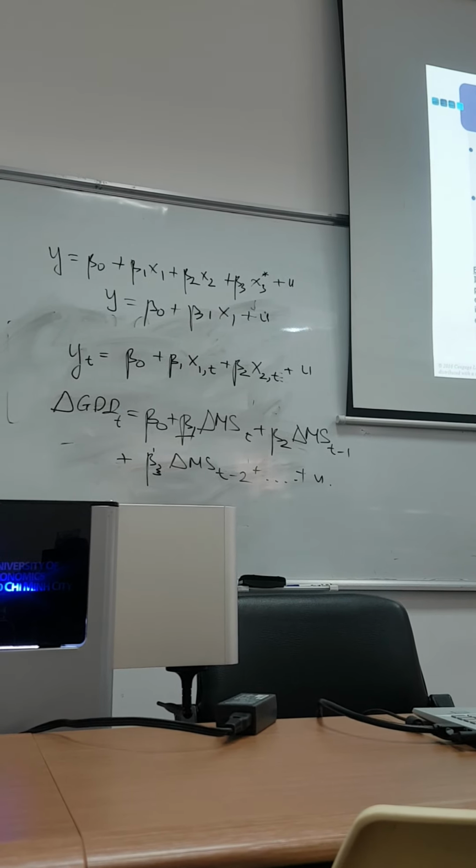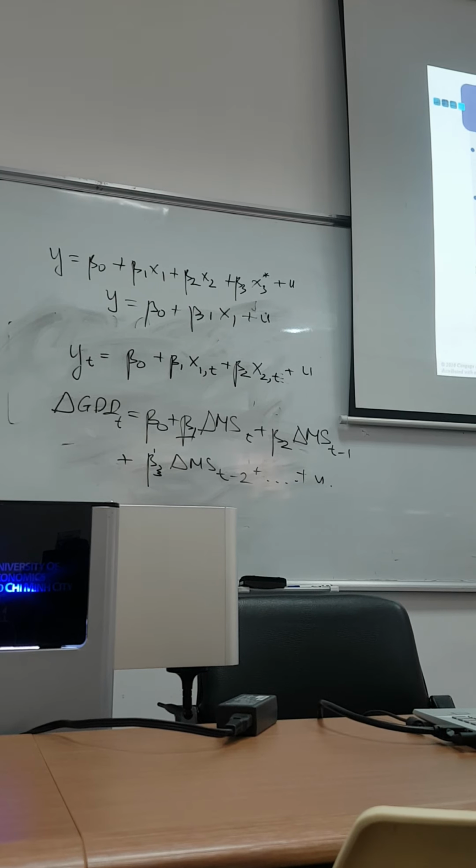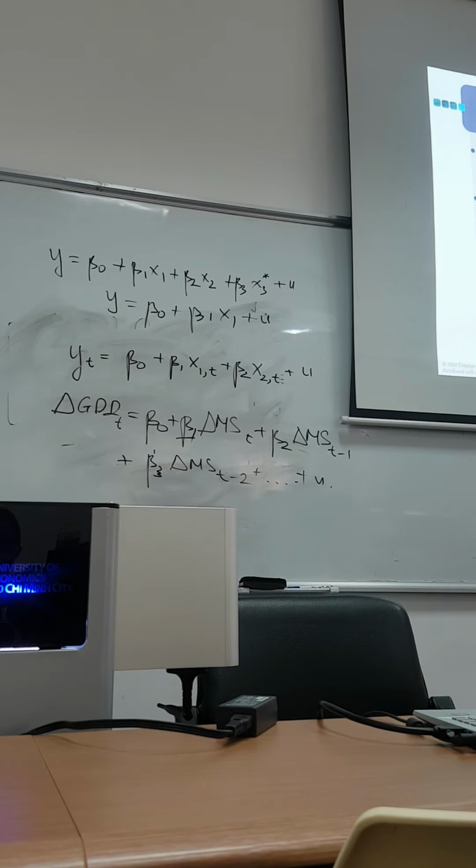So what are the effects of money supply toward GDP? You have to incorporate all of this. If we just look at beta 2, it just shows us the effect of money supply in the previous year toward the GDP this year. Beta 3 just shows the effect of money supply in the previous 2 years related to GDP this year.